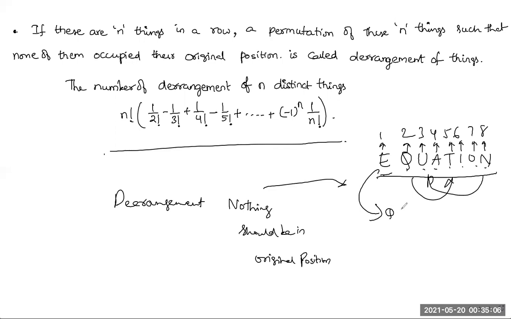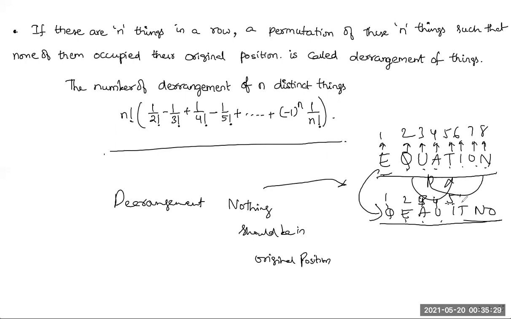Suppose consider this: Q, E, A, U, I, T, N, O. Suppose if you consider this, Q was supposed to be in the second position, but it's in first here. E was supposed to be in the first, but it's in second position here. The same. It was supposed to be in fourth, but it's in third. It was supposed to be in third, but it's in fourth.